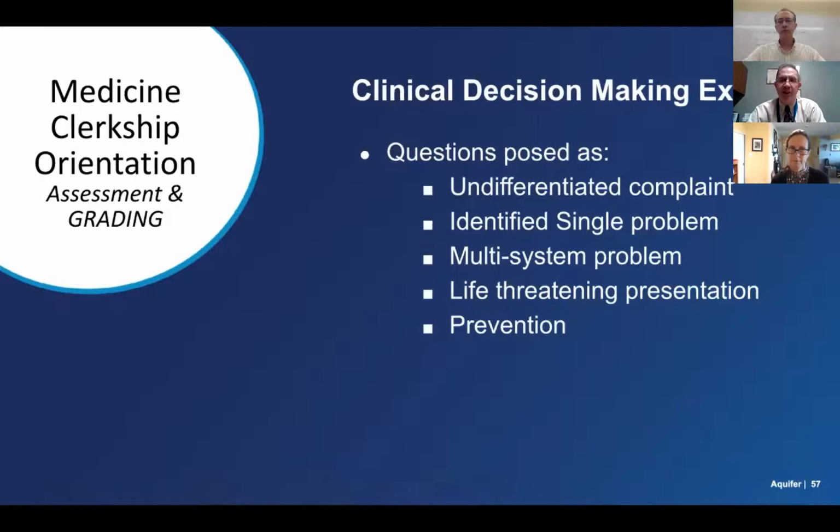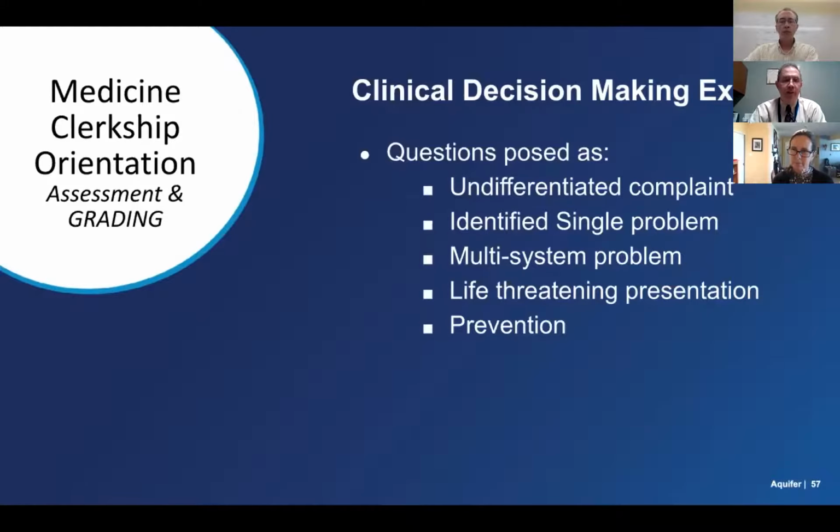There are some with single identified problems. Patient has hypertension, and there's perhaps something going on besides that that's related to their hypertension. And it could be a multi-system problem, a patient with heart failure and worsening renal function. Scenarios like that would be a multi-system problem. Life-threatening presentations could be things like acute coronary syndrome, brisk GI bleeding, sepsis, things of that nature.